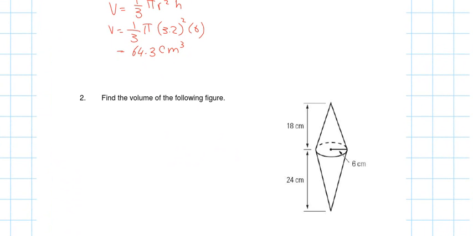So the volume of the first is 1/3 pi r squared h, which is 1/3 pi times 6 squared times 18. That gives 26.2.